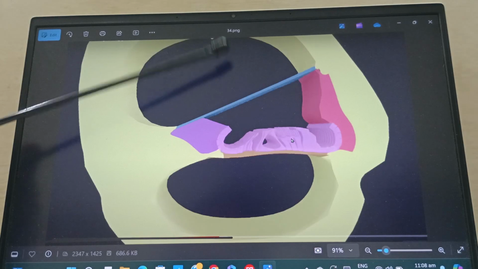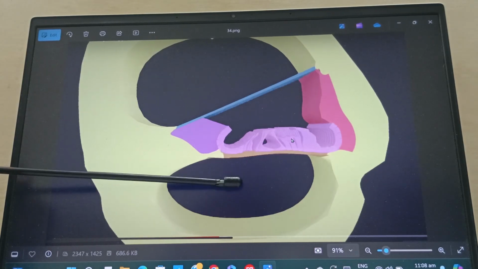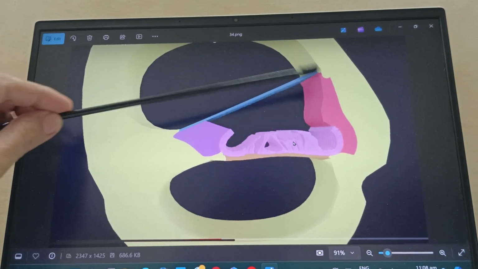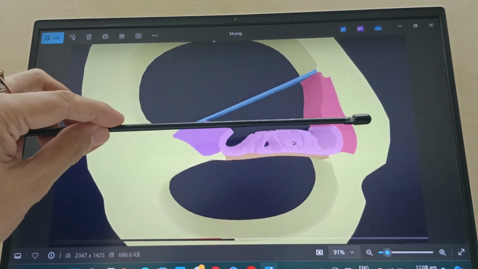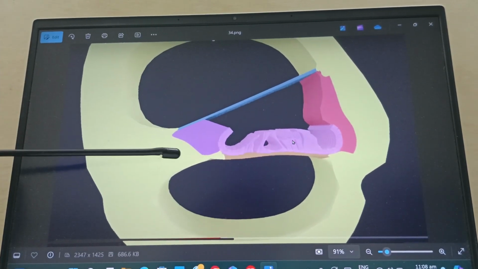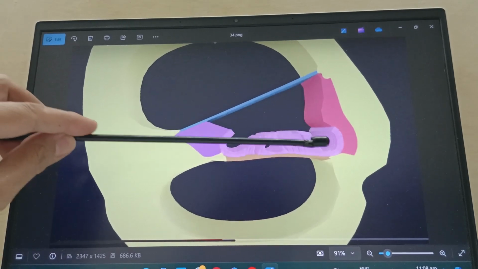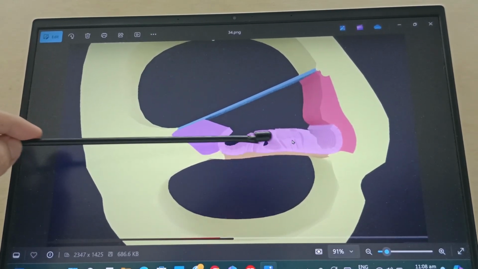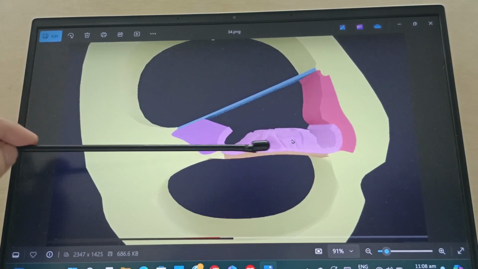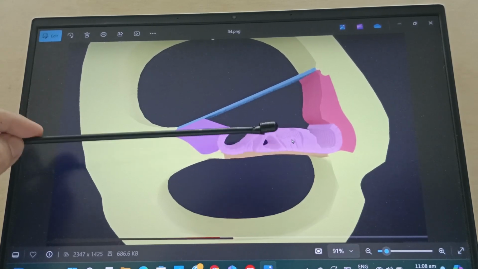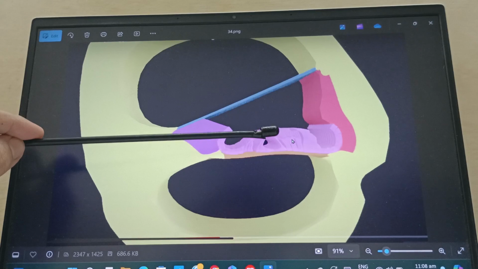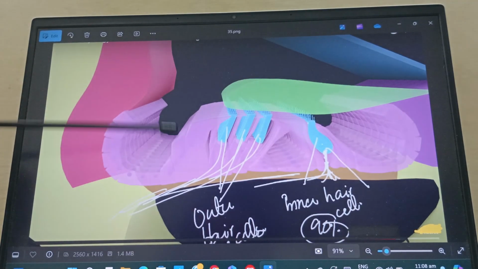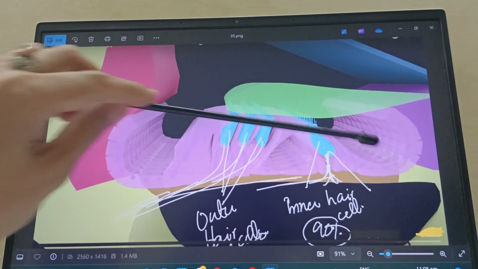Now see the cut section showing the scala vestibuli, scala tympani, and scala media. Here you can see the organ of Corti, and this is the stria vascularis because it's the lateral wall, and this is the modiolus. This is showing you that the organ of Corti is present throughout the floor area of the scala media, like stairs in a room. Now you can see a closer look at it, that these are the cells of the organ of Corti.